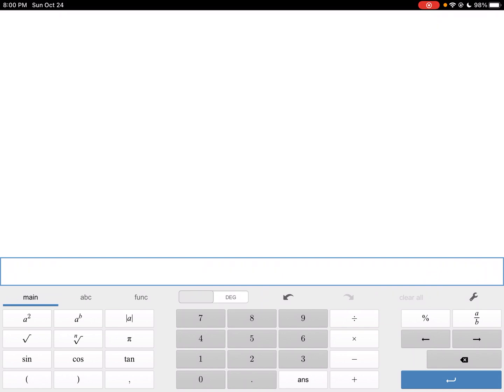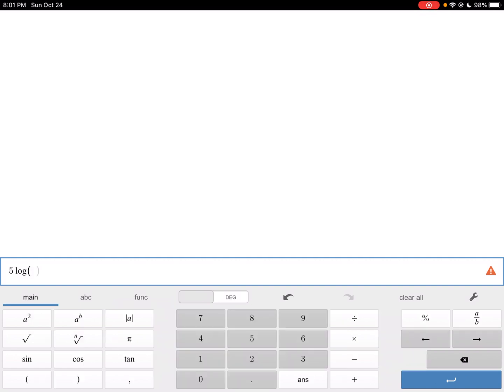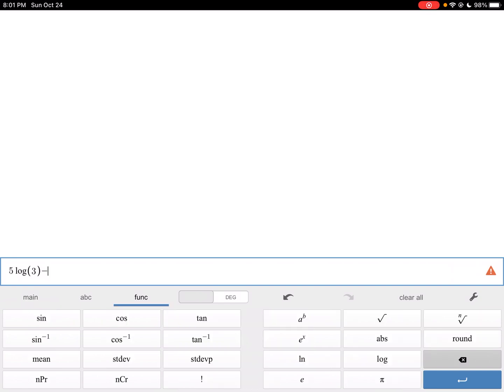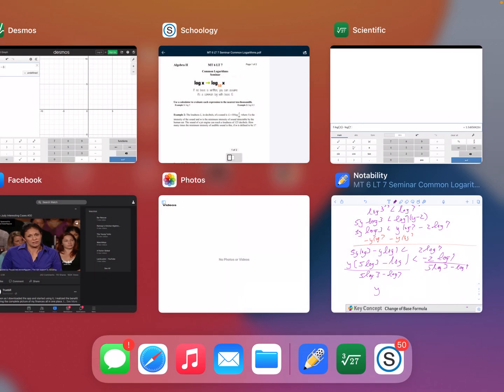So I'm going to get 5 log 3 minus the log of 7. Now, I found that because I want to know if that's negative. In this case, it was positive. So I don't flip my inequality.